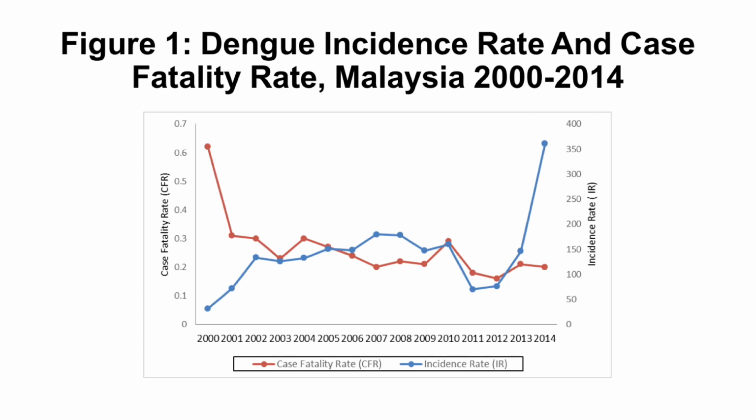The red line indicates the case fatality rate, the mortality. It is highest in 2000 and shows a decrease in 2014.